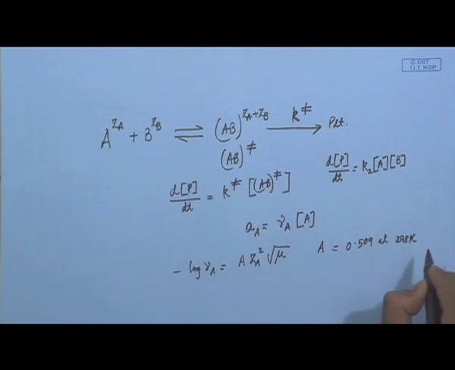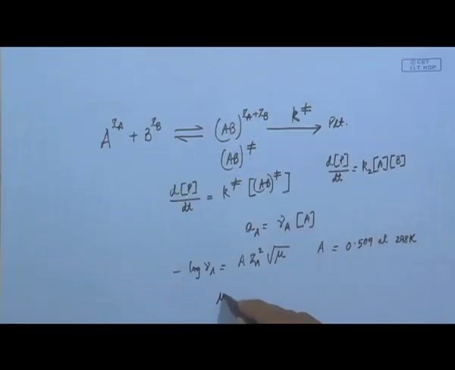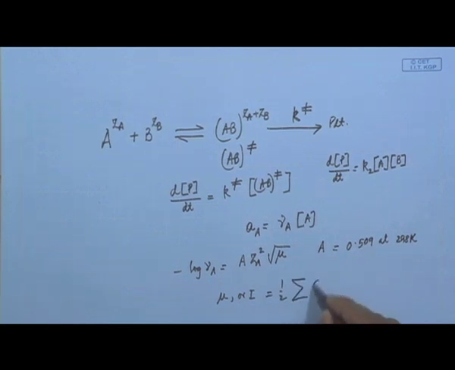This is called the Debye-Huckel limiting law for dilute solutions, where the ionic strength mu or I is equal to half the summation of Ci Zi squared over i, where Ci is the concentration and Zi is the charge of the ith ion.